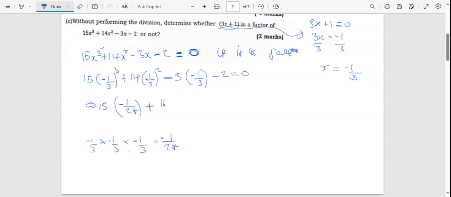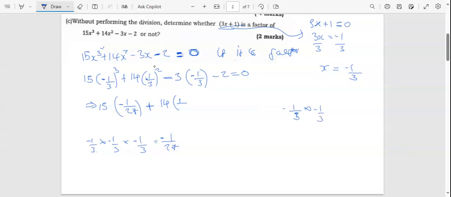So you put 14 there, then open bracket. This is an even power, so you have positive 1 over 9, times again -1 over 3.